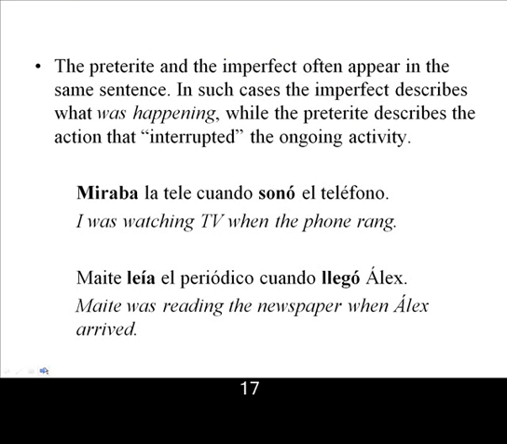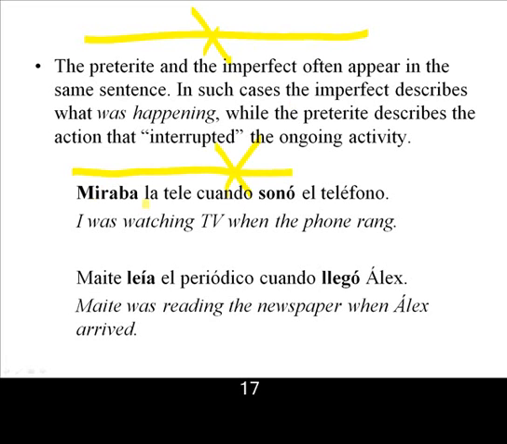Okay? Also, we can have something that's happening in the imperfect. Remember, the imperfect is a timeline over time. But then we can have a preterite event, boom, interrupt that period of time. For example, miraba la tele cuando sonó el teléfono. So, miraba la tele y boom, sonó el teléfono.